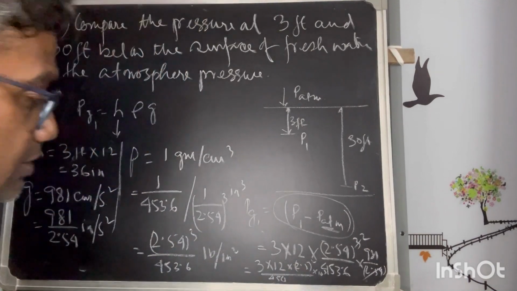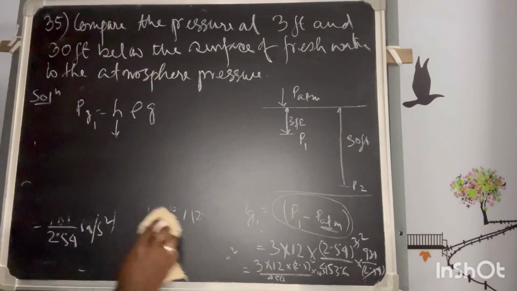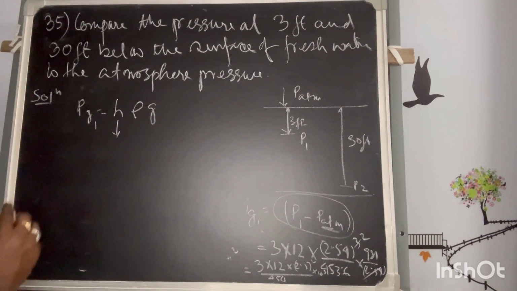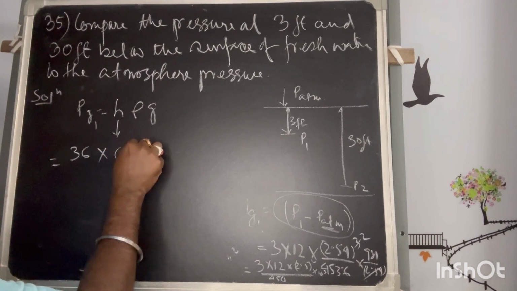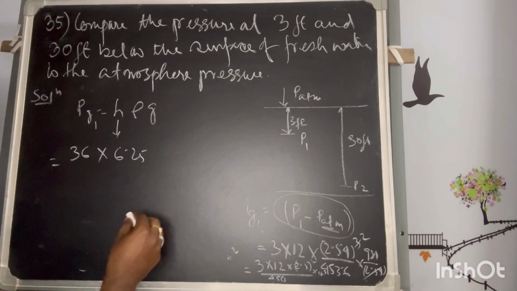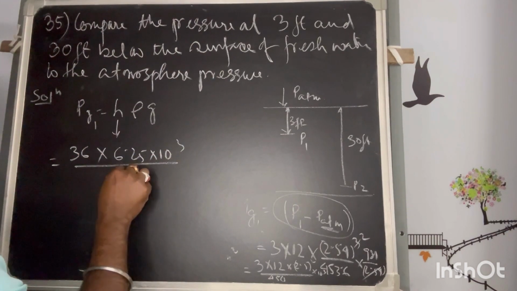So this will ease your calculation. So what is the value? 36 into 2.5 means 6.25, and this is 10 to the power cube, divided by 450.